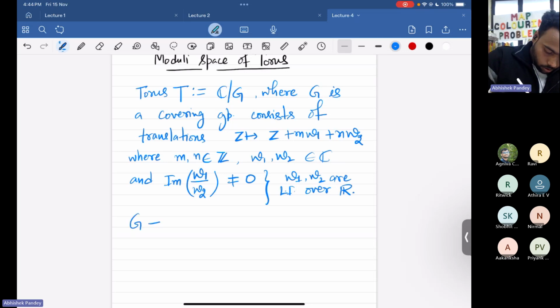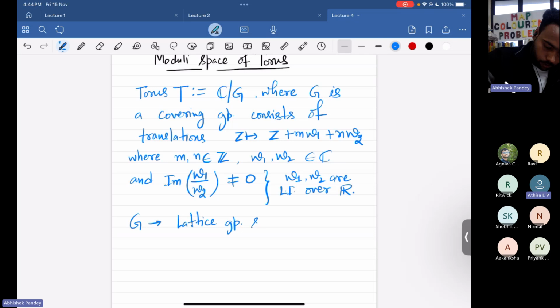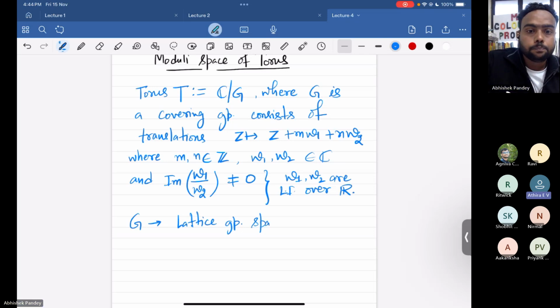So G is also called the lattice group spanned by w1 and w2. Abhishek, w1 and w2 are linearly independent over C, right?